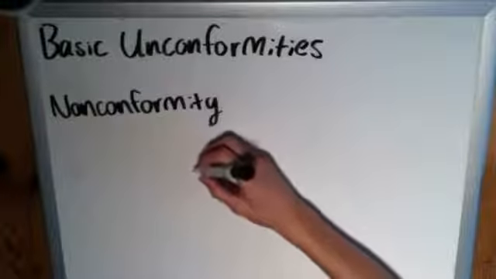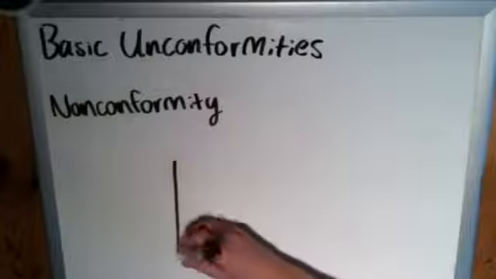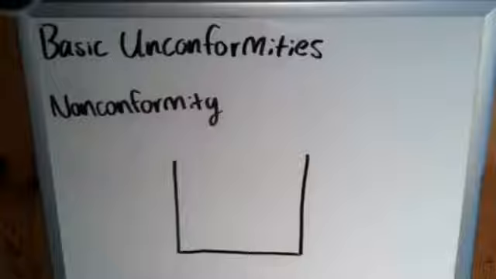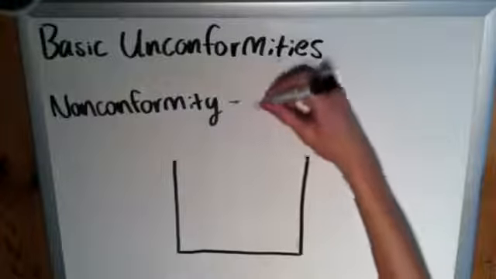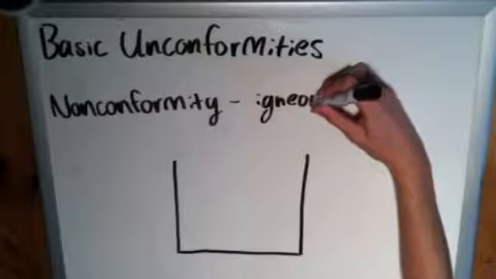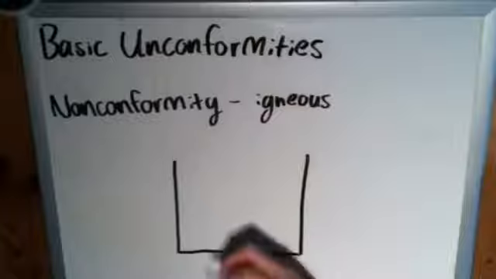Disconformity, nonconformity. I think they should have given these more clear names, but I have no really special or useful way of remembering which is which. If anyone could come up with one, they'd be probably somewhat of a genius, but a nonconformity is unique because it has to do with igneous rock. Remember that. Nonconformity is igneous.